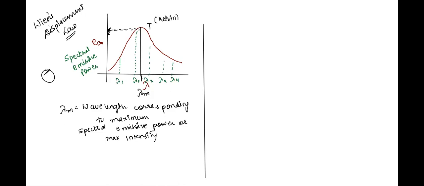So let's say this is the body. It's emitting different radiations. Each one has a different wavelength, right? But the temperature at this time is T. So at every temperature there is a particular wavelength for which the emission is maximum. I will repeat, take it as a note, everyone.